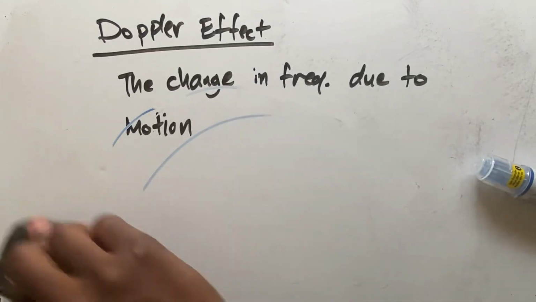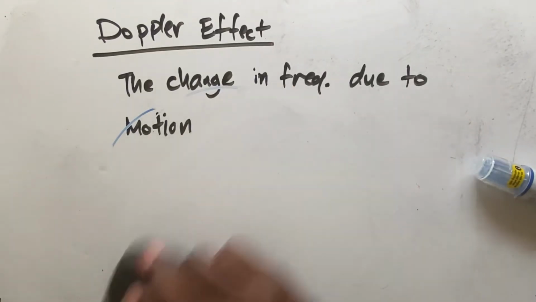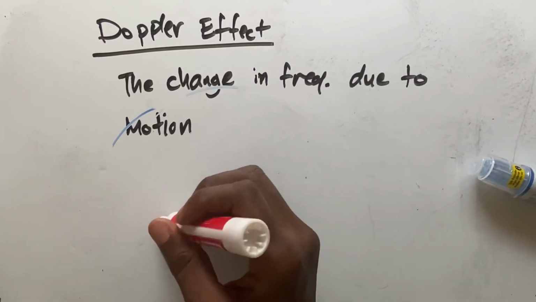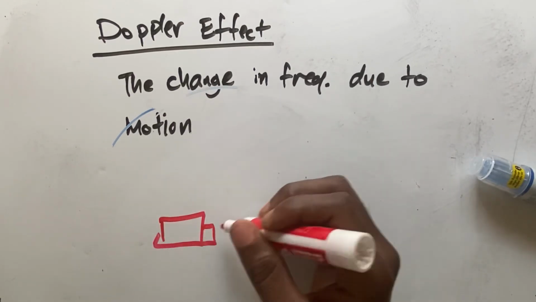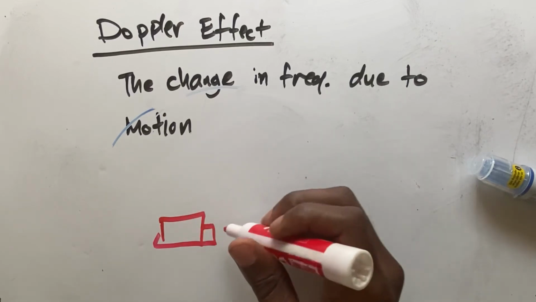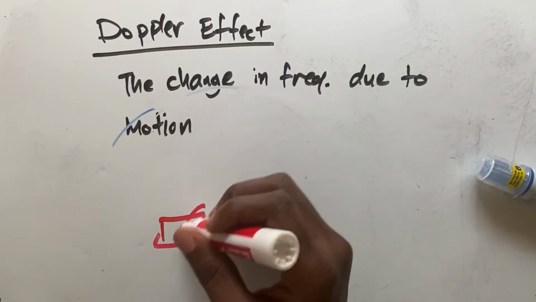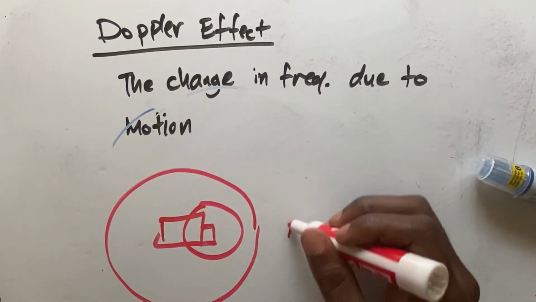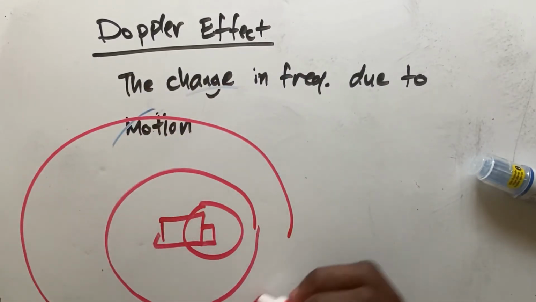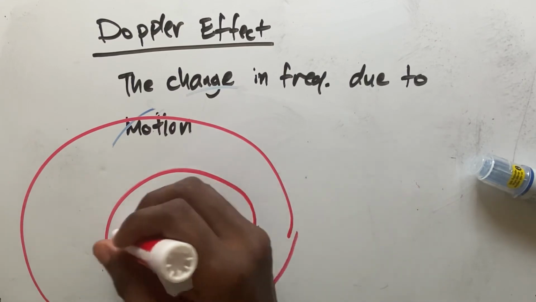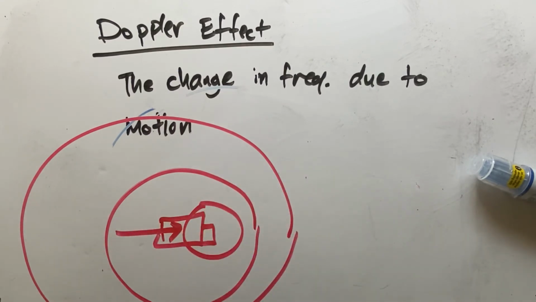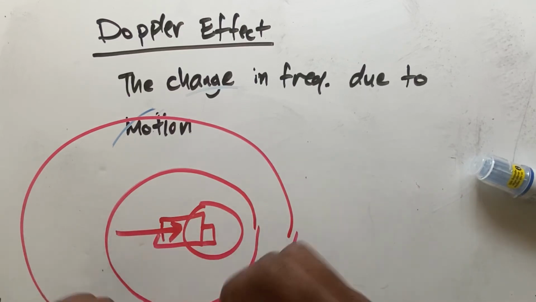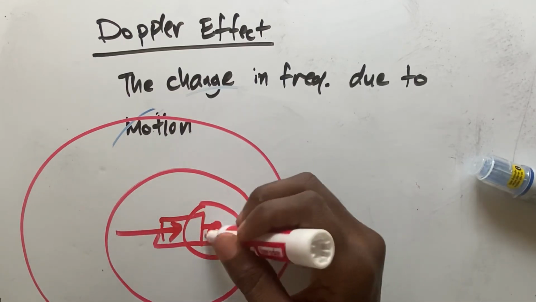So now let's talk about a car. Say we have a car, and its sound waves look like this, right? They look like this because they're moving in this rightward direction.